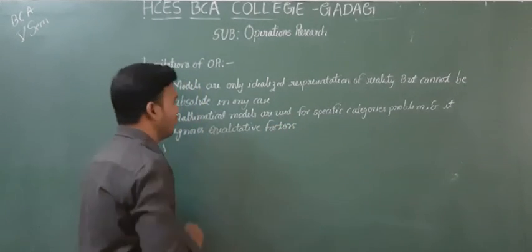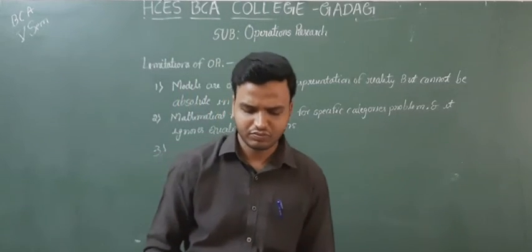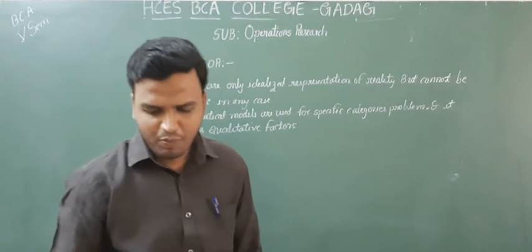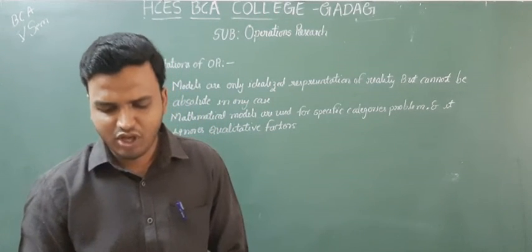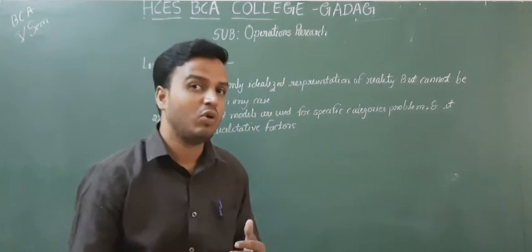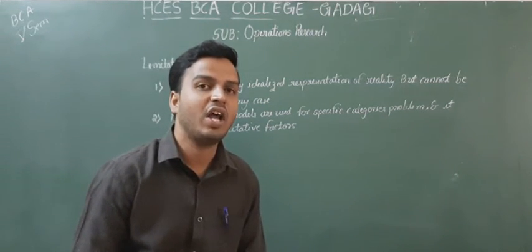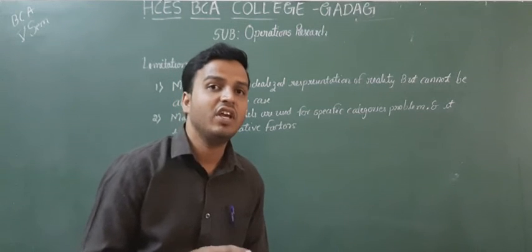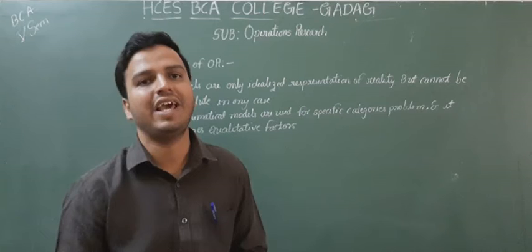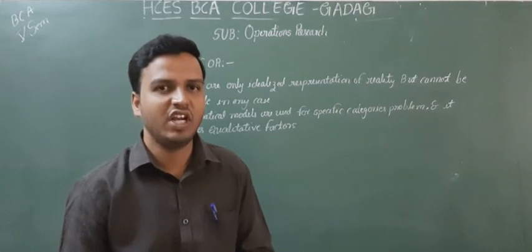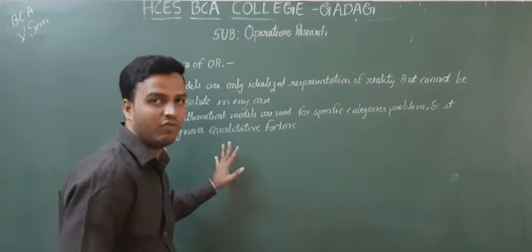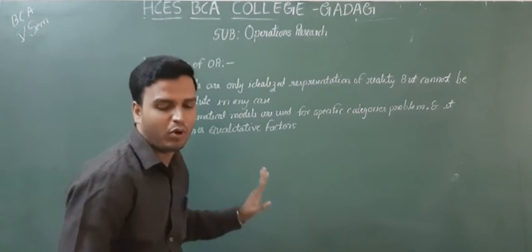Okay, so the third one, operation research requires huge calculation. Whatever the solution we have arrived at, it should be by using simulation or mathematical analysis. In that way we arrive at some solution for that particular problem.